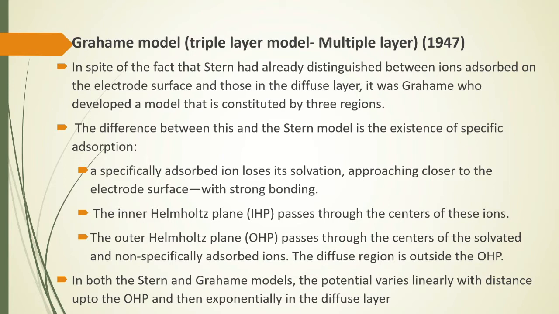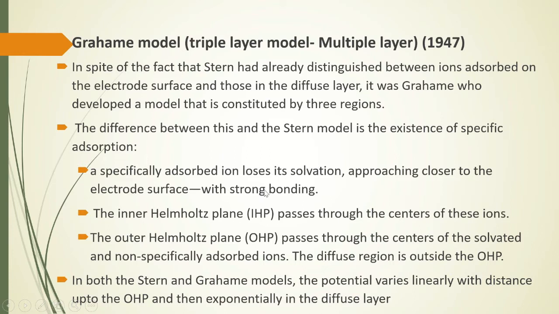He distinguished two different planes, one for specifically adsorbed desolvated ions and the other for solvated ions which are not specifically adsorbed. So you will get totally three regions, where the first one is with strongly adsorbed ions.